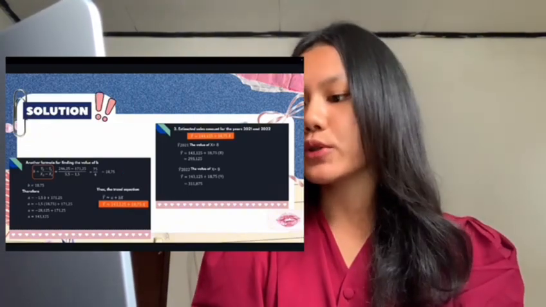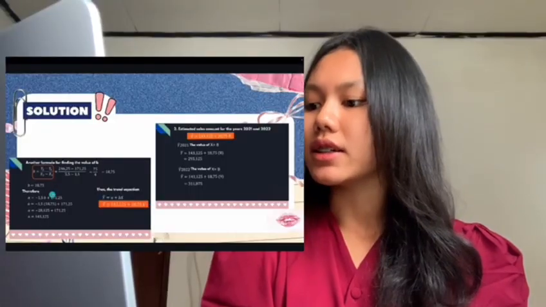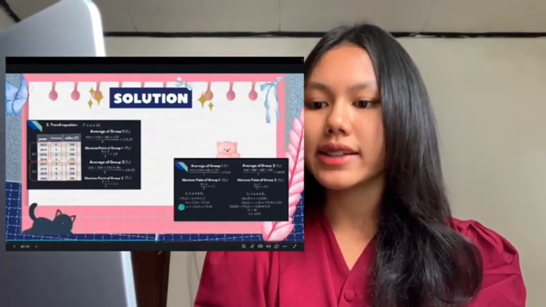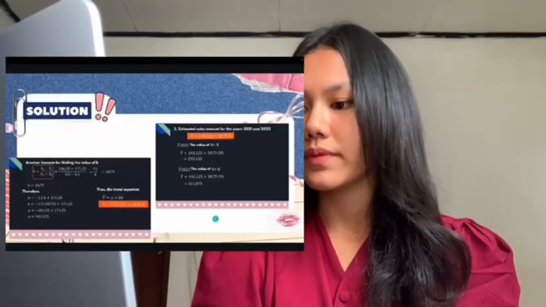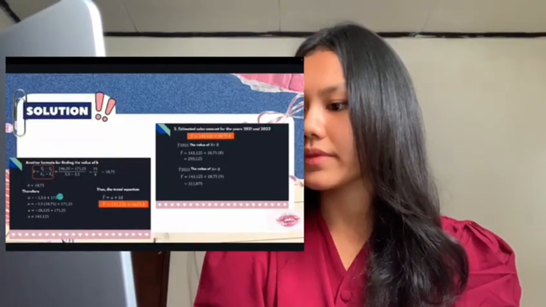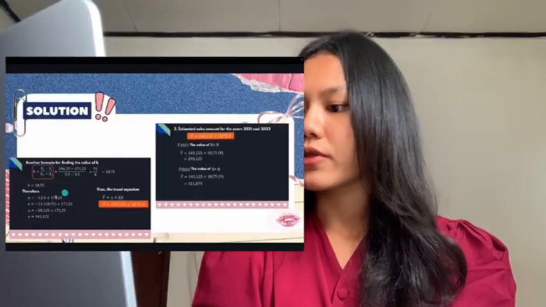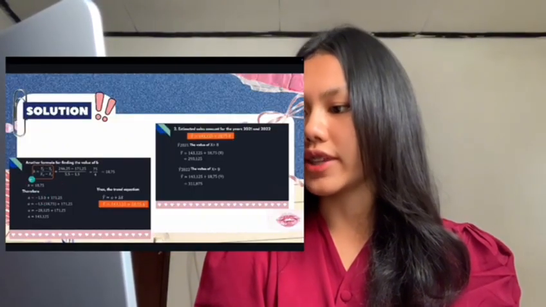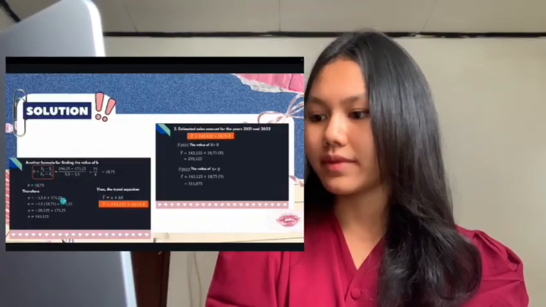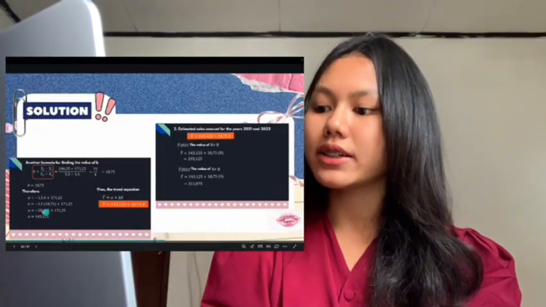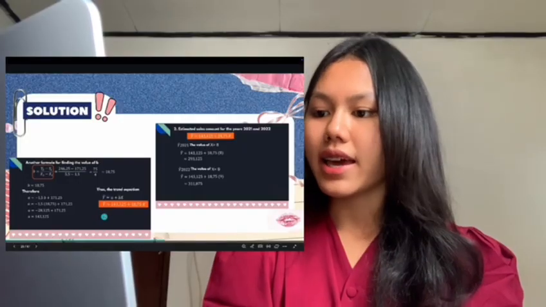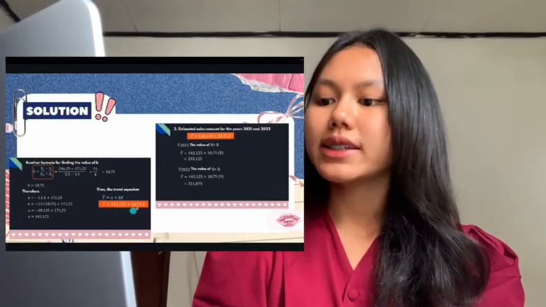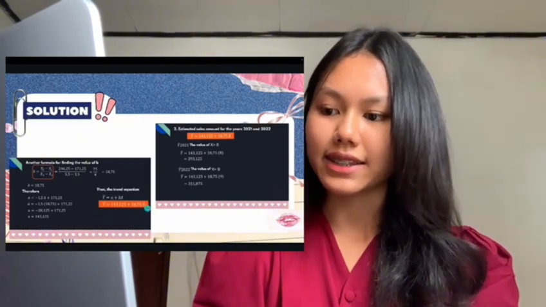Okay, we must find the value of a, so we add this value in there, and for b we input this value. So this is the result, and the trend equation is like that.